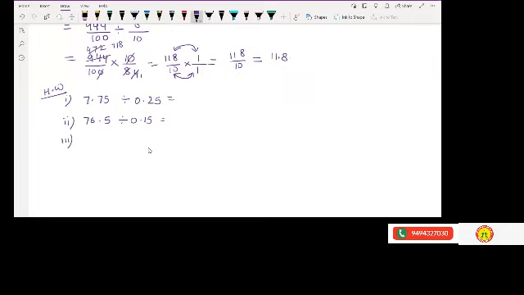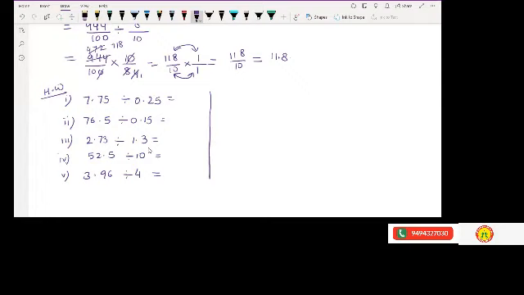Then you have 2.73 divided by 1.3. Okay. Then number 4 will give you 52.5 divided by 10. Number 5, I'm giving you 3.96 divided by 4. Okay.